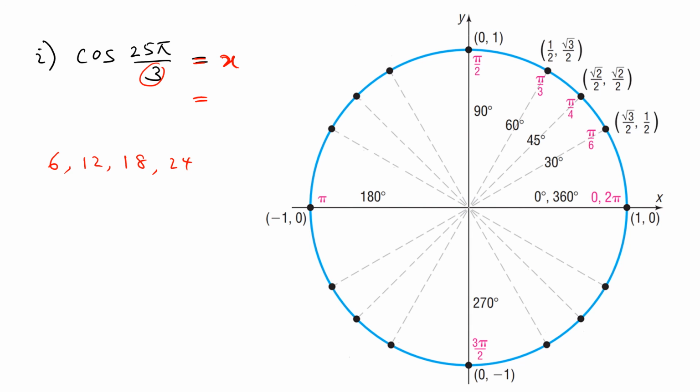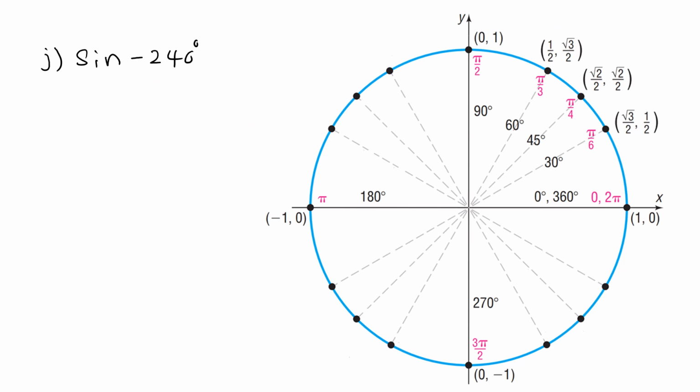So you go 4 cycles and go an extra pi over 3. That's the corresponding point, and we are looking for the cosine value, which is the x coordinate, so it has to be 1/2.